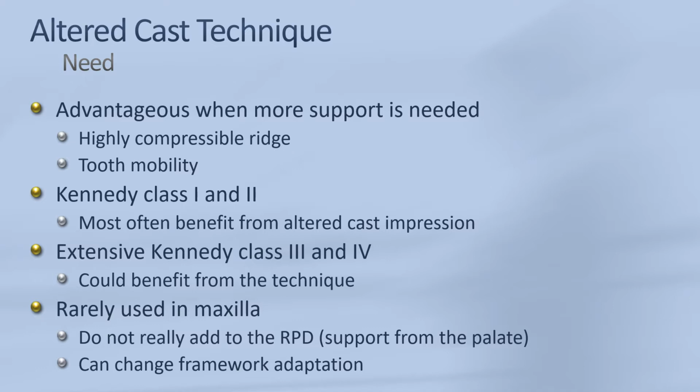Altered cast impressions are very rarely used in the maxilla. The metal framework, the major connector, is already providing support from the palate. The ridges are not going to support the partial denture as much, and therefore the need for an altered cast impression is not as high as in the mandible.